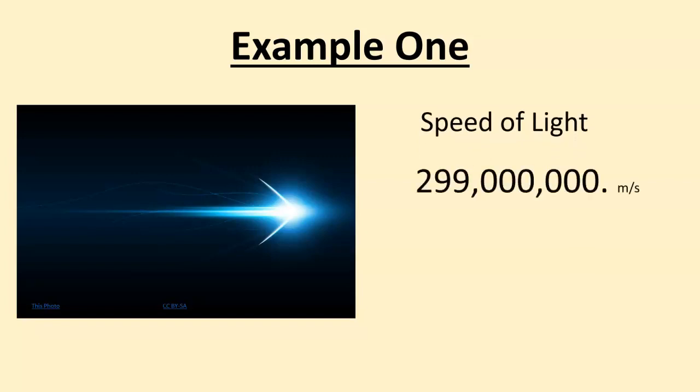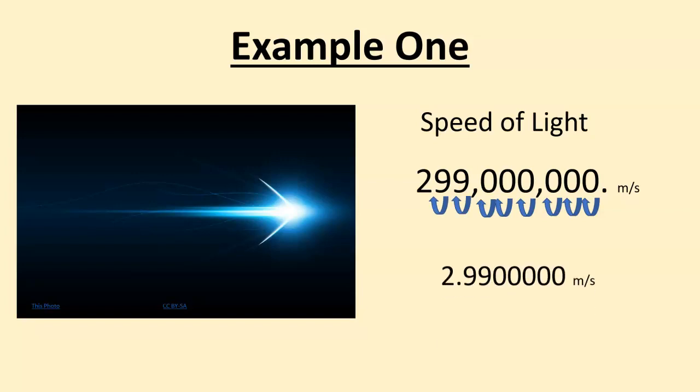The speed of light is 299 billion meters per second. I want to put this into scientific notation. The first thing I'm going to do is take this decimal and move it over as many places as it takes to get my coefficient between 1 and 9. So I have 2, 3, 4, 5, 6, 7, 8.